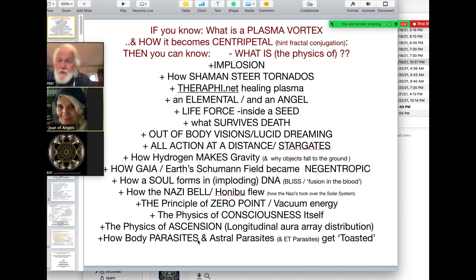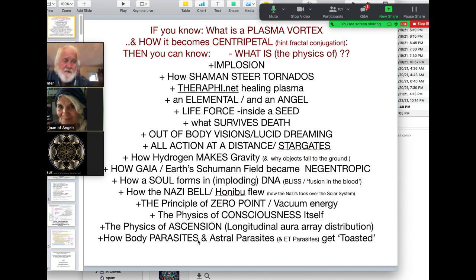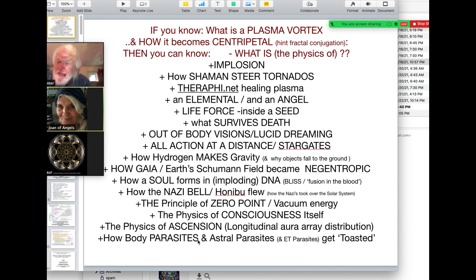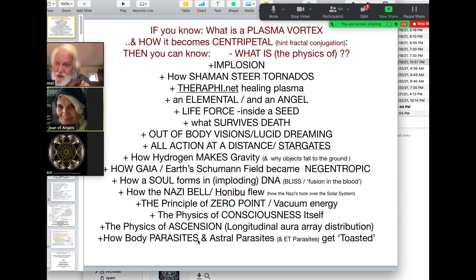I say to you, once you learn a regular hygiene of bliss process, at that point, you have your own source of charge. Up until then, you are effectively a parasite because you don't have your own source of charge. You're not steering your own tornado. Well, you see, the human body during bliss is one of the best examples of zero-point energy, fractal implosion physics around. It is the teaching lesson.